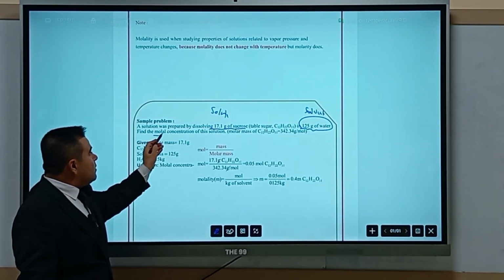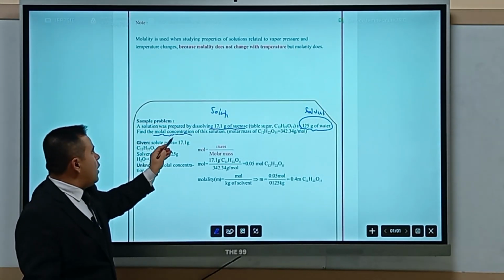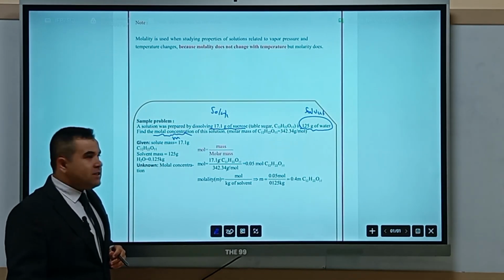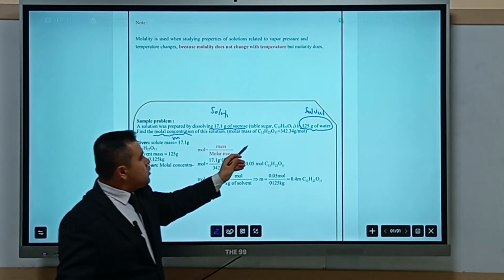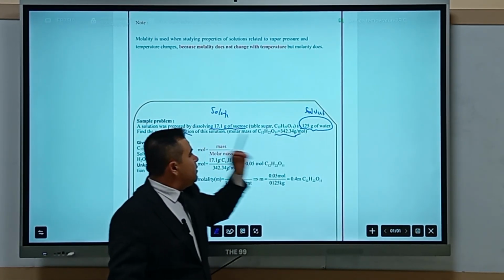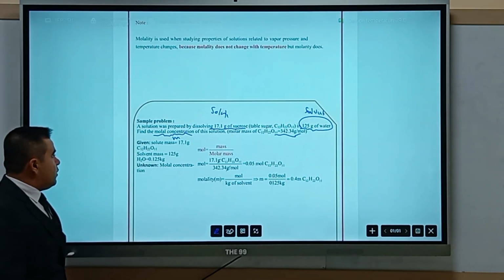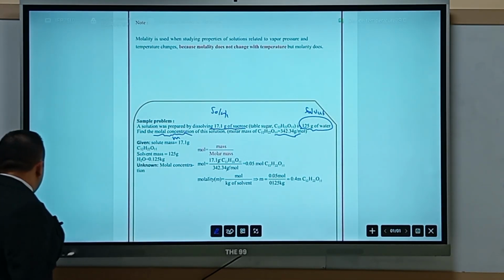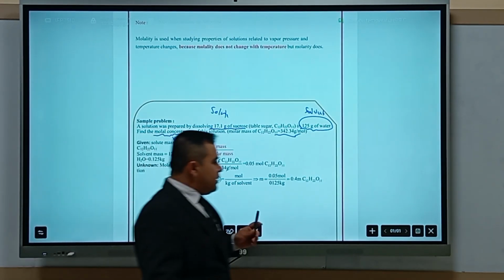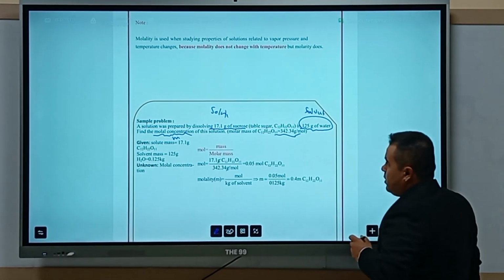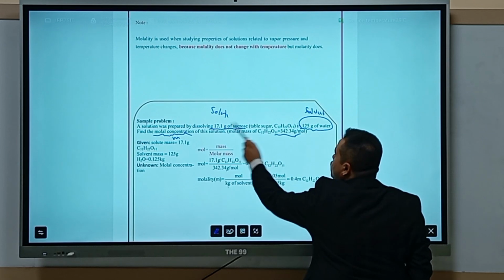Find the molal concentration, m, when the molar mass of sucrose is given as 342.34.